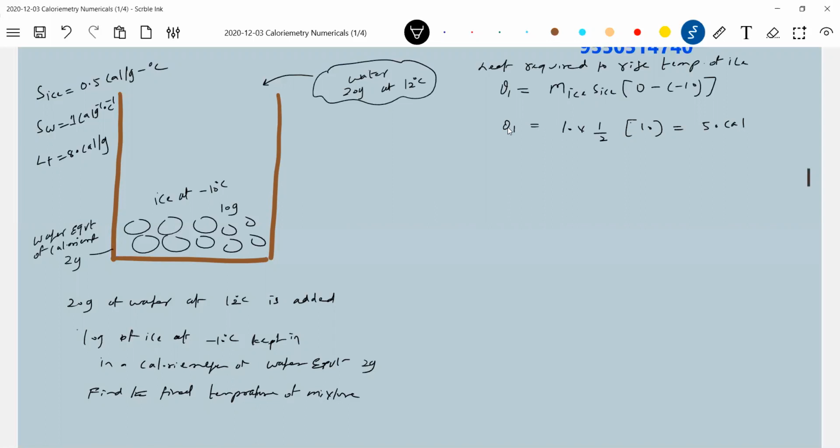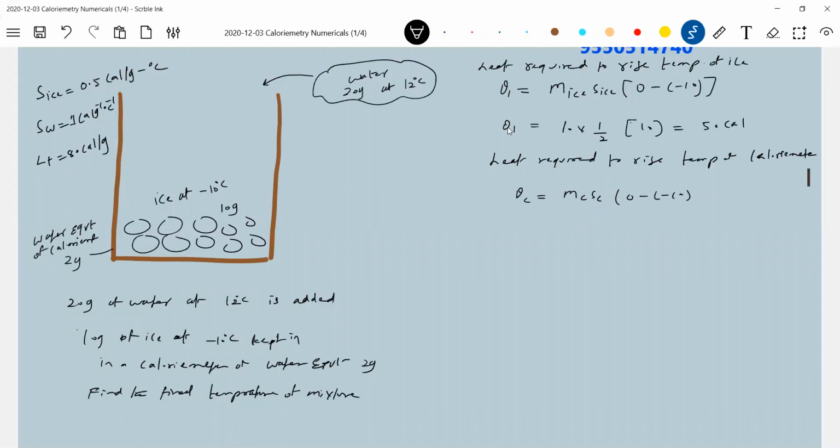After this, even the calorimeter's temperature from minus 10 should become 0, no? Heat required to raise the temperature of the calorimeter, let me call that Q2 or QC. But we don't know the mass of calorimeter or specific heat of calorimeter.